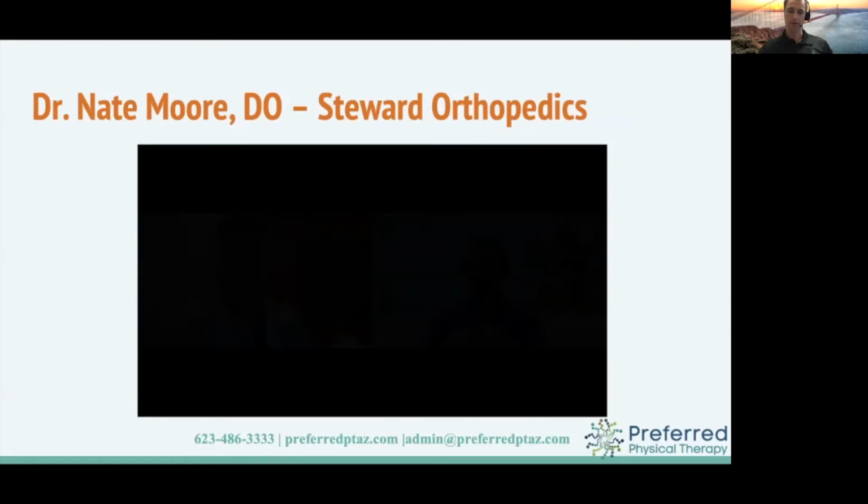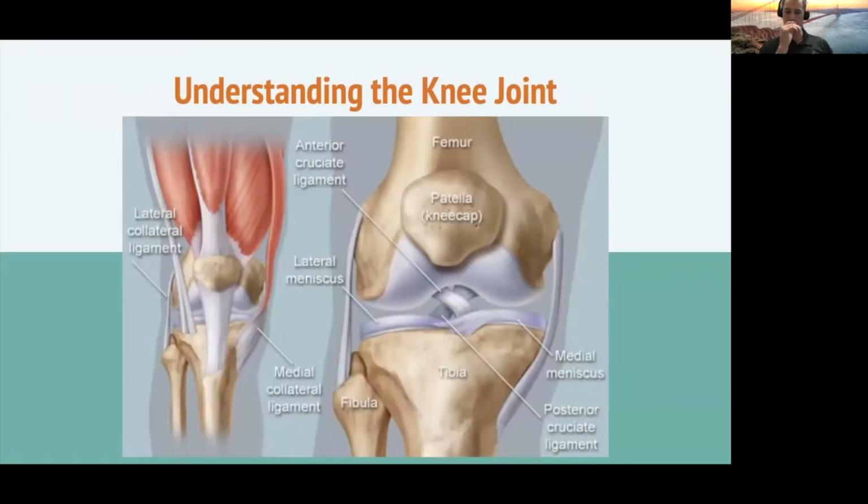Perfect. So I really appreciate Dr. Moore's explanation of what's going on, but I wanted to orient you to what we're talking about here. So if you can see, here's this white, let me get this on a pointer here. This is that white hyaline cartilage that he was talking about. So just by way of orientation, we're looking straight at a knee.